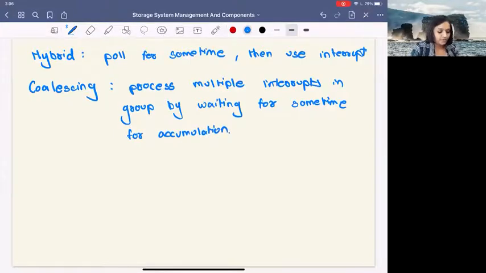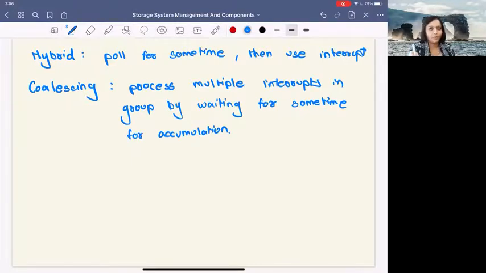So as we saw, the major overheads of interrupt are setting an interrupt, raising an interrupt, and context switching. Now, if we use the technique of coalescing, then we are waiting for multiple tasks or multiple interrupts in a group to complete the task at once. So basically, we would be waiting for multiple processes or multiple devices; once they are done with their task, we wouldn't raise an interrupt right there.